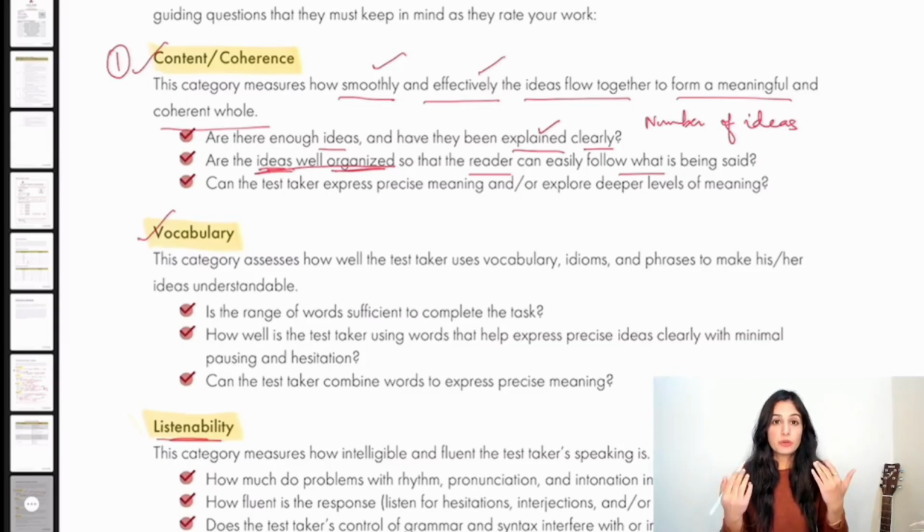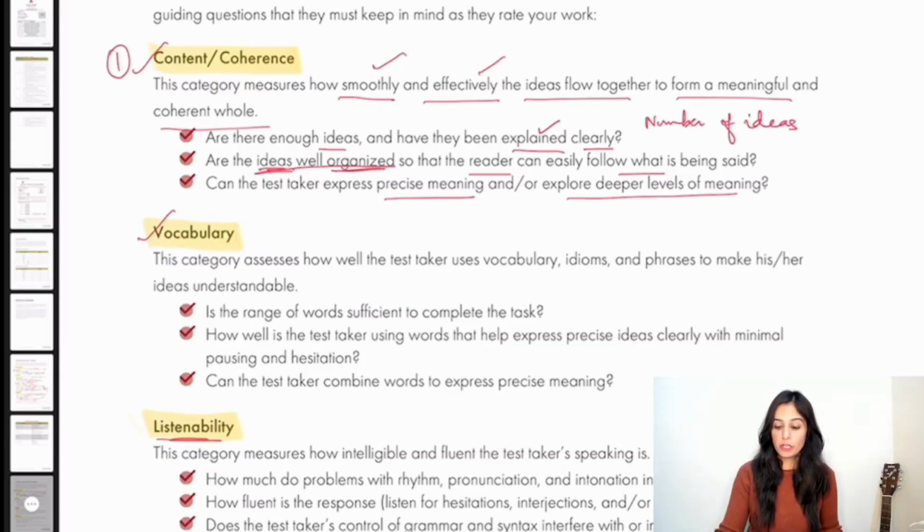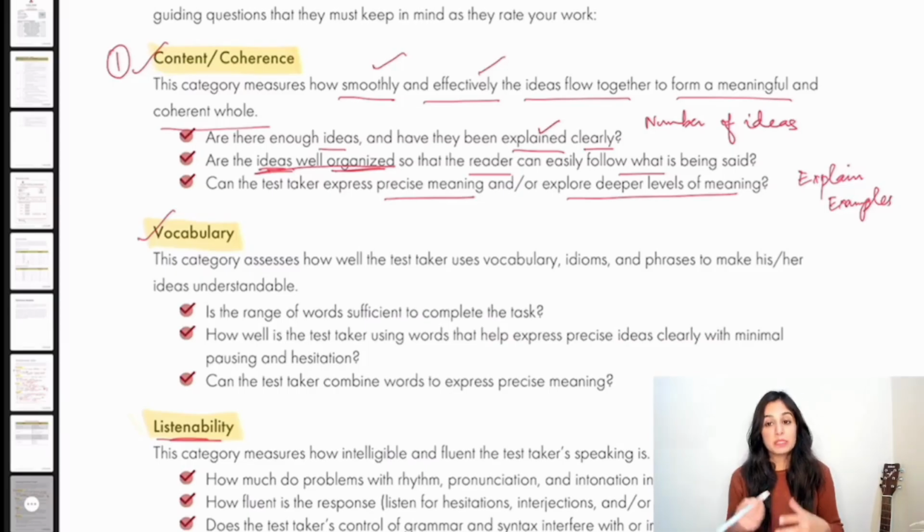The third thing that you can ask yourself to check whether you are doing well in the first performance standard is whether you're expressing precise meaning and or exploring deeper levels of meaning. And this is possible when you explain your answer properly. So you have to explain with examples, and these examples can be personal. So these are the 3 things you have to ask yourself.